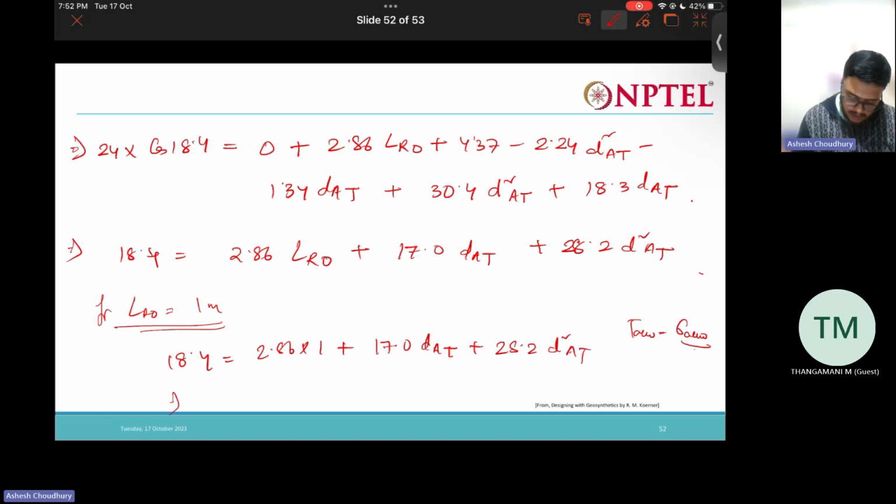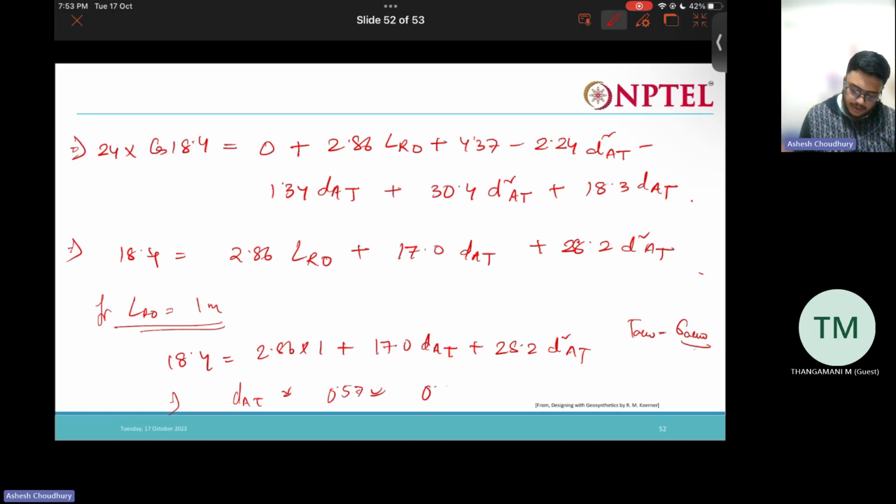So if we solve this, this DAT approximately will come at around 0.57.